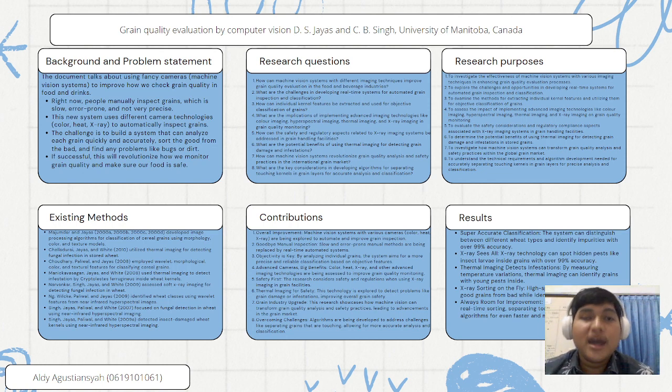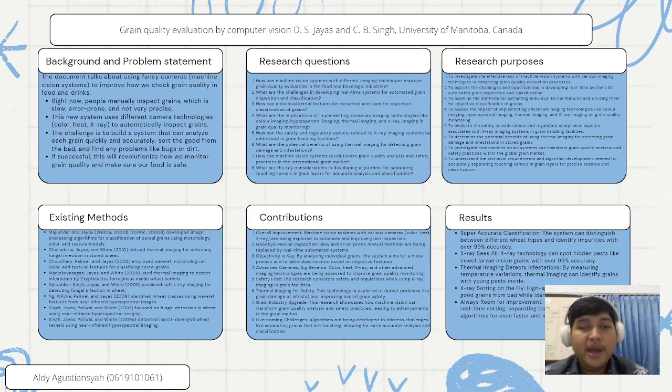Grain quality evaluation by computer vision, T.S. Jayas and C.B. Singh, University of Manitoba, Canada. Background and problem statement. The document talks about using machine vision systems to improve how we check grain quality in food and drinks.